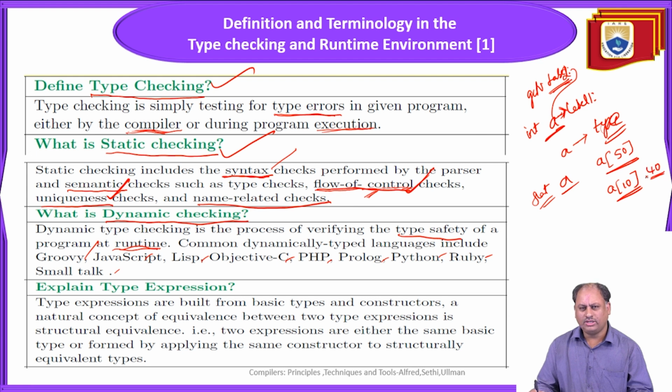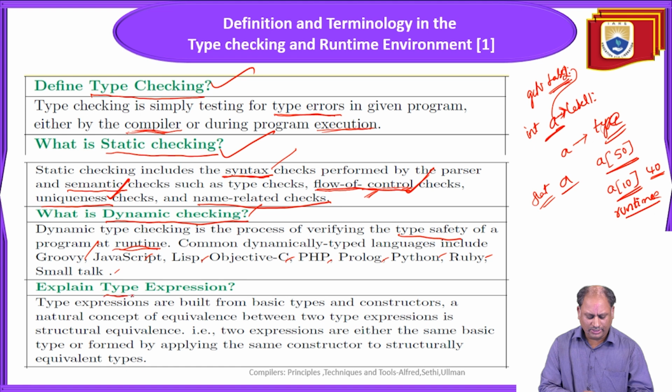Instead of wasting the space, the accommodation of these 10 elements can be suited as per the requirements of the program at runtime. At runtime, it verifies the actual requirements of the elements in that program. Then the remaining can be accommodated. So in that case, it verifies the checking of that program, which is dynamic checking.